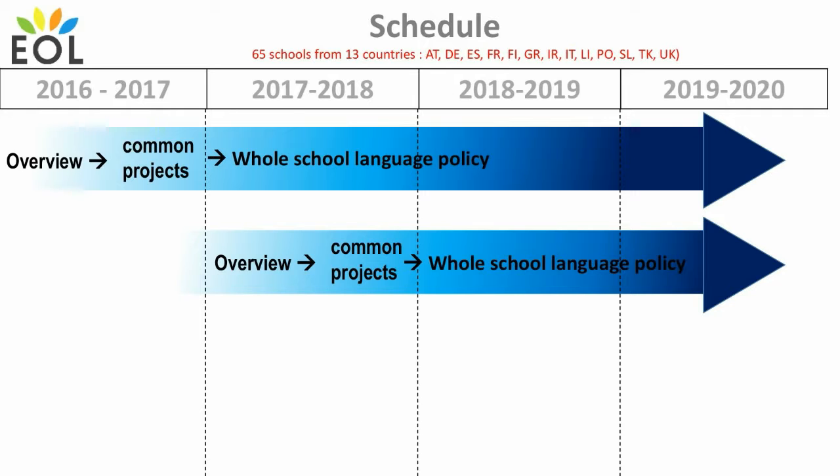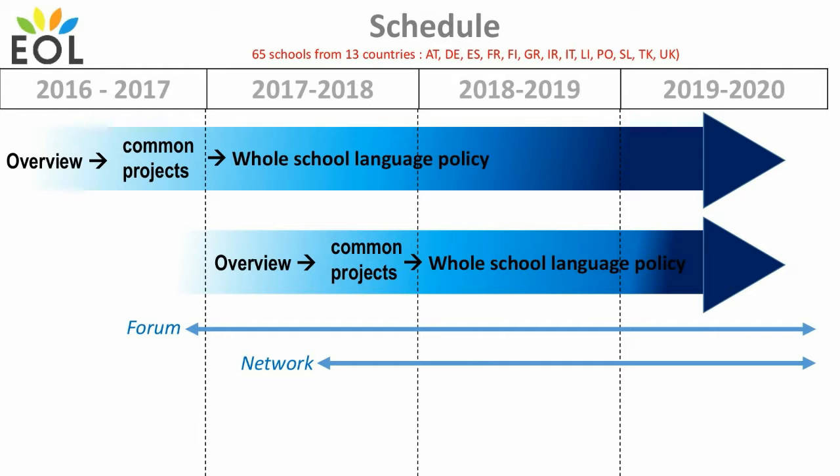As you can see, the French schools started in 2016 and the other schools are beginning now. The forum is open and the network too, so we hope that we can start networking now between the partner schools, the teachers, the school principals.